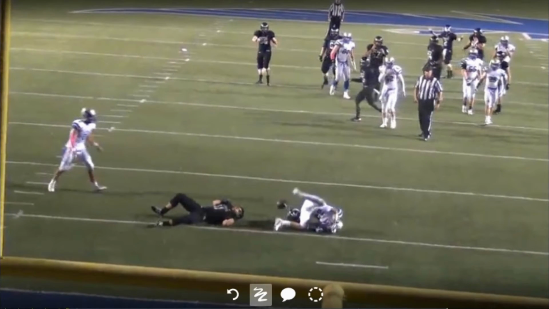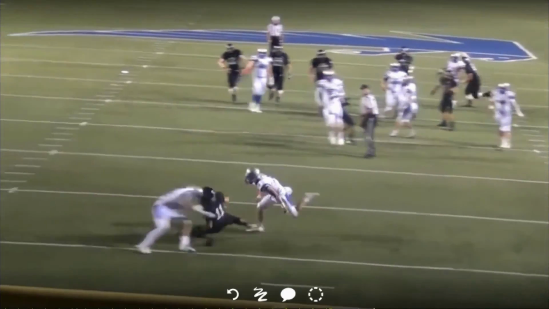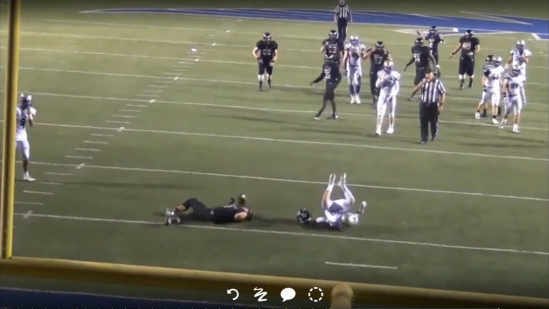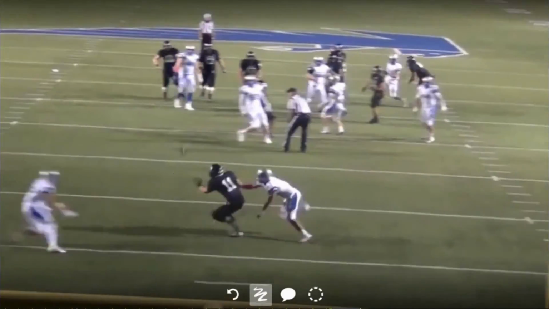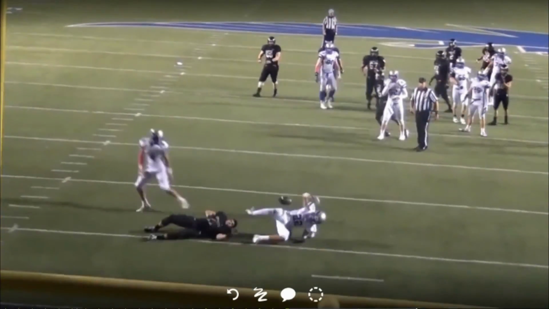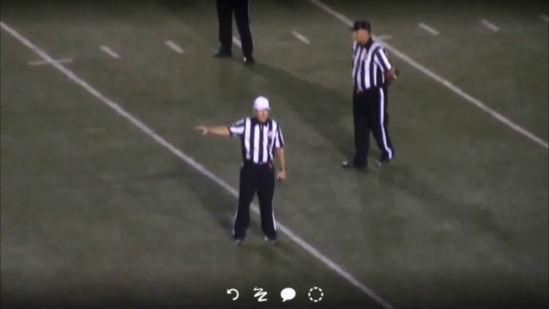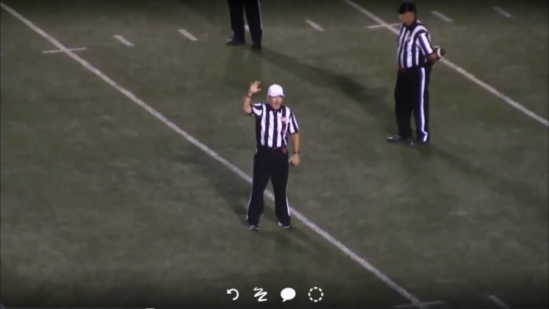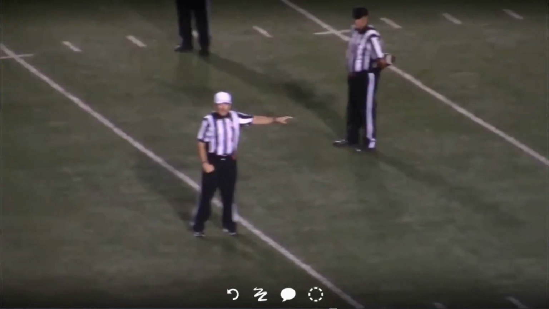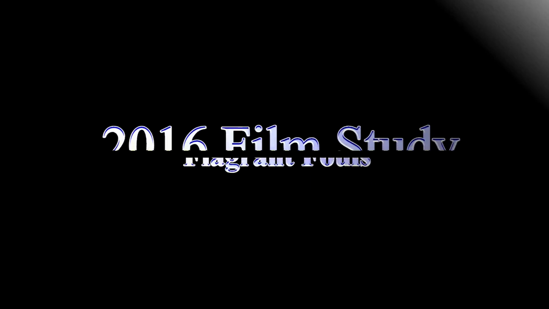Going to back that up and show it to you in real time. One more time, slow-mo. Now, this play was judged a personal foul and an ejection, and it was upheld.